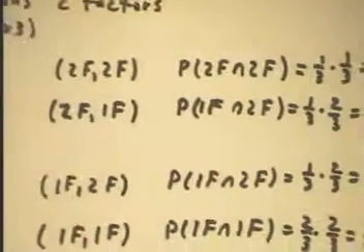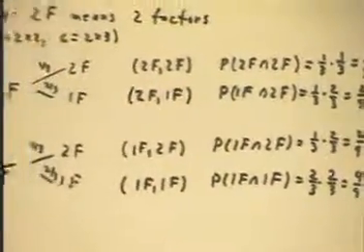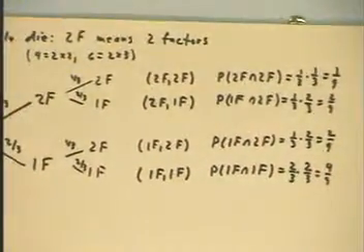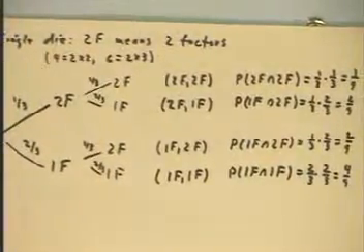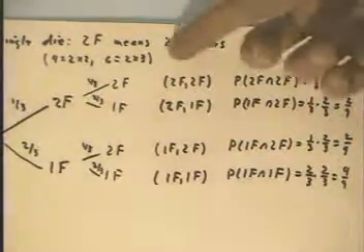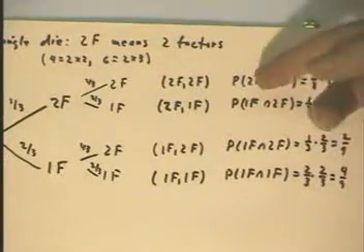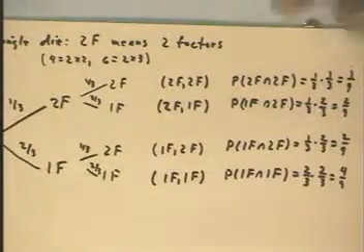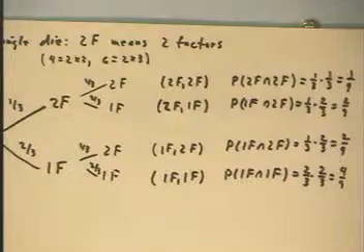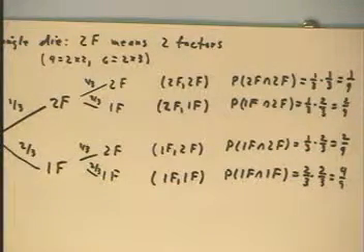Okay, so the outcomes would include two factors in the first die, two factors in the second die. What's the probability of two factors and two factors? Well, the dice we assume to be independent.